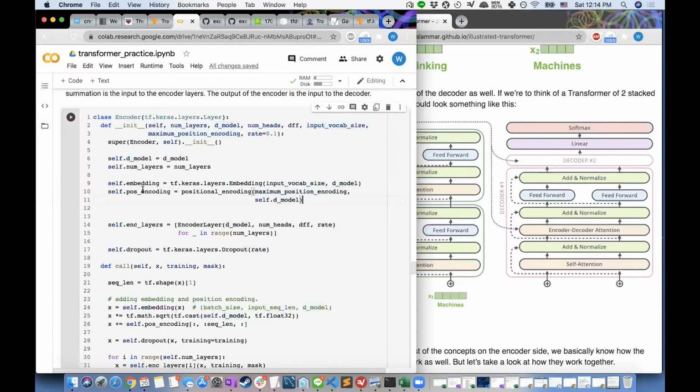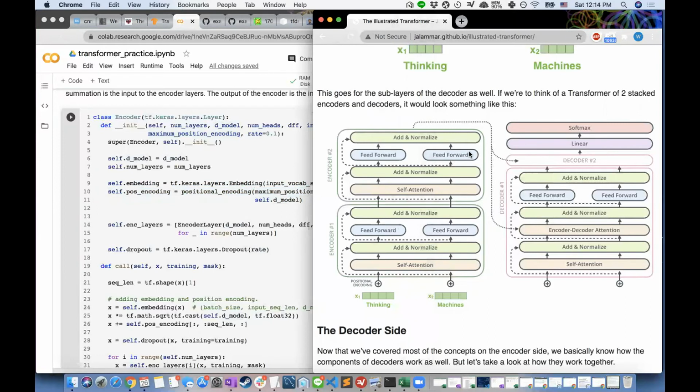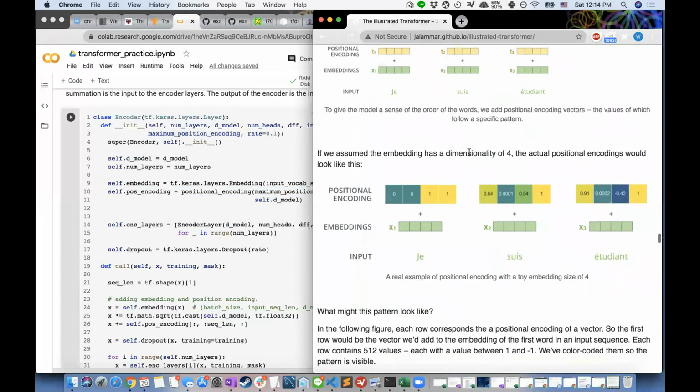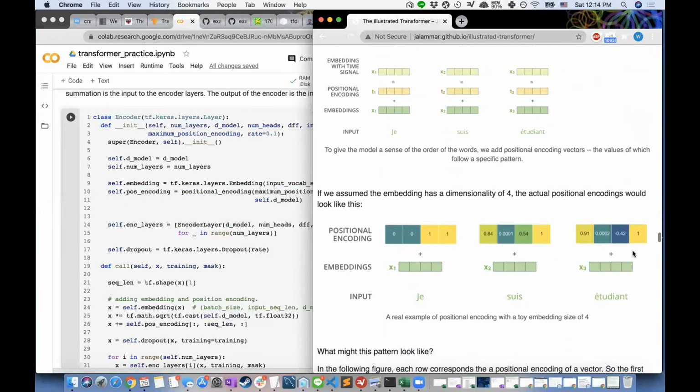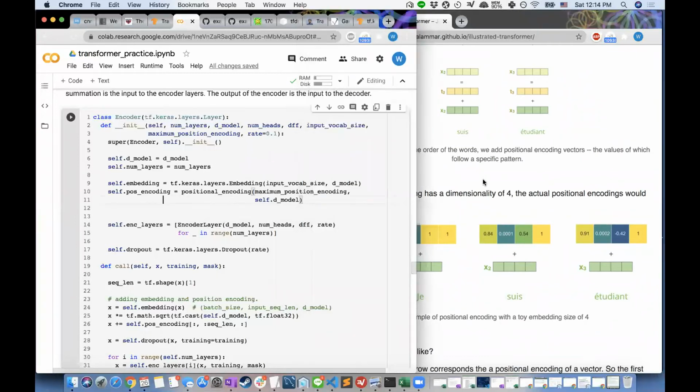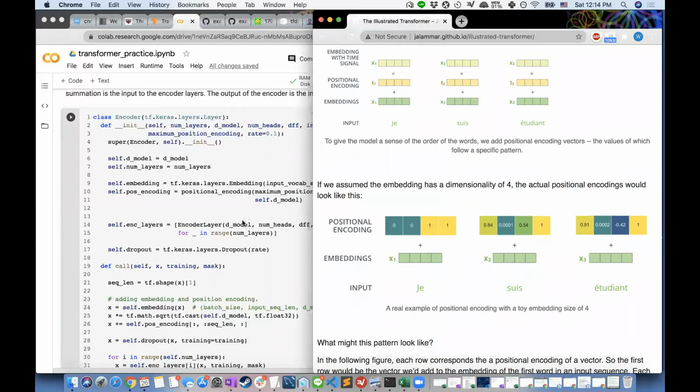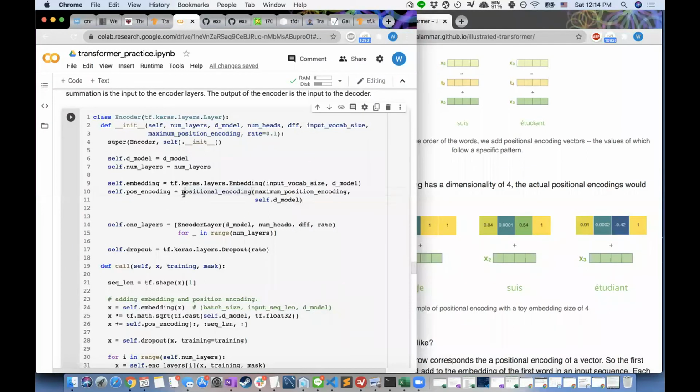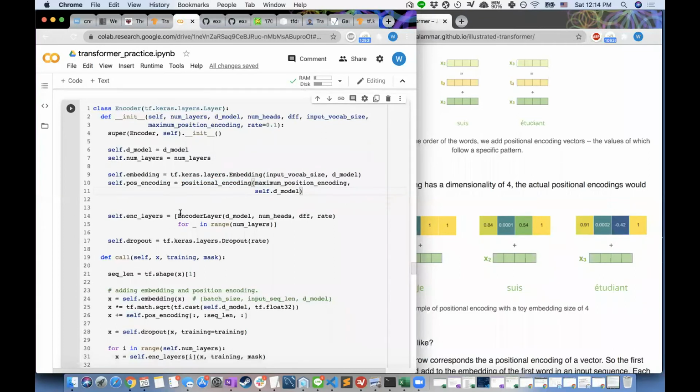And we have the position encoding right here. So now we're talking about this part, right? Embeddings, position embeddings, okay? And for position embedding, we're calling the position encodings function, right? And we pass that into the instance method.